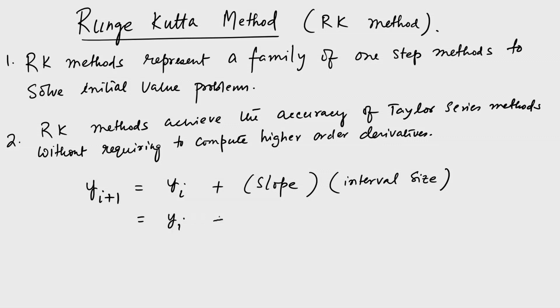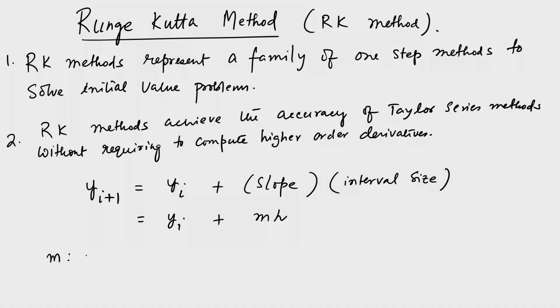Okay. And this slope, let us write this as y i plus 1 equals yi plus m h, and this m is the slope calculated at several points between the initial point i and the final point i plus 1. But not only that, this m consists of different weights of the slope taken at different points, and these weights have to be decided based on certain considerations which we are going to see here.